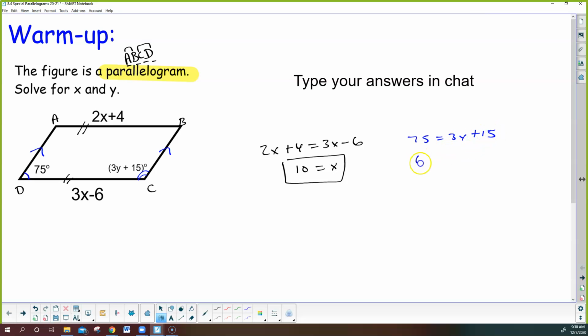So if I subtract 15, divide by 3, oh, did I do that right? I think so. Yeah, so we got to be careful on our answer.